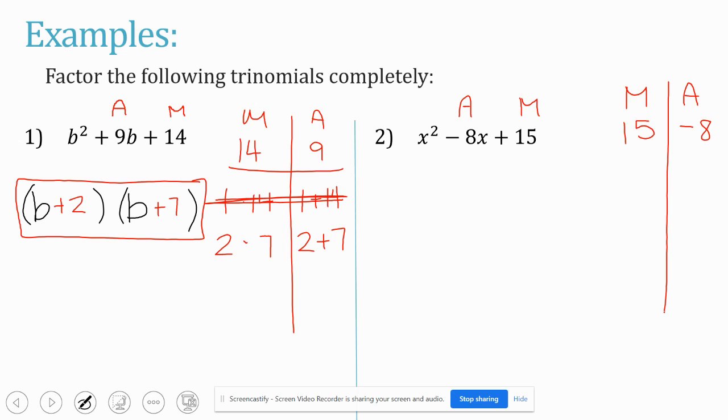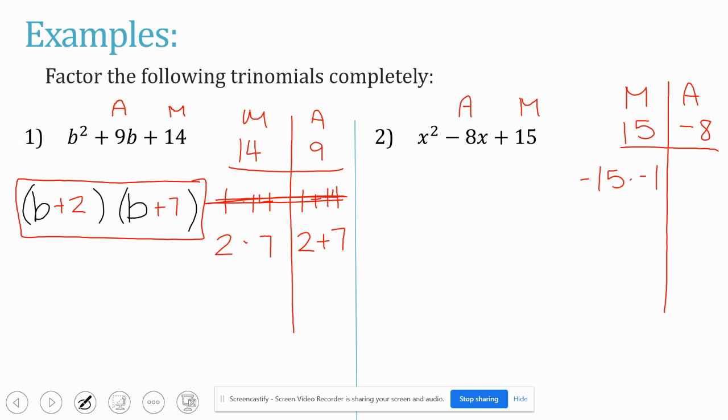The reason why I start with multiplication is because there are fewer sets of numbers that will multiply to give you 15 than there are sets of numbers that will add to negative 8. So that's why I always start with multiplication, because it just is a shorter list of numbers to work with. Okay, so two numbers that when I multiply them, both negative, give me positive 15 are negative 15 and negative 1.